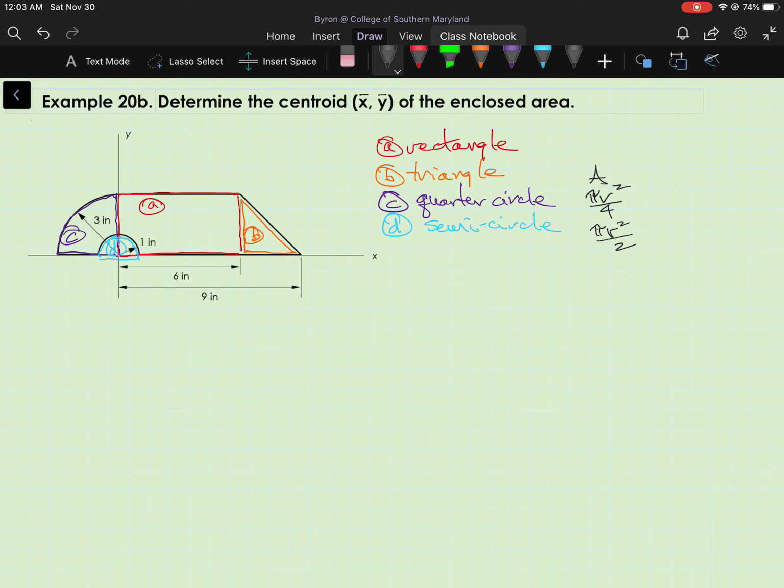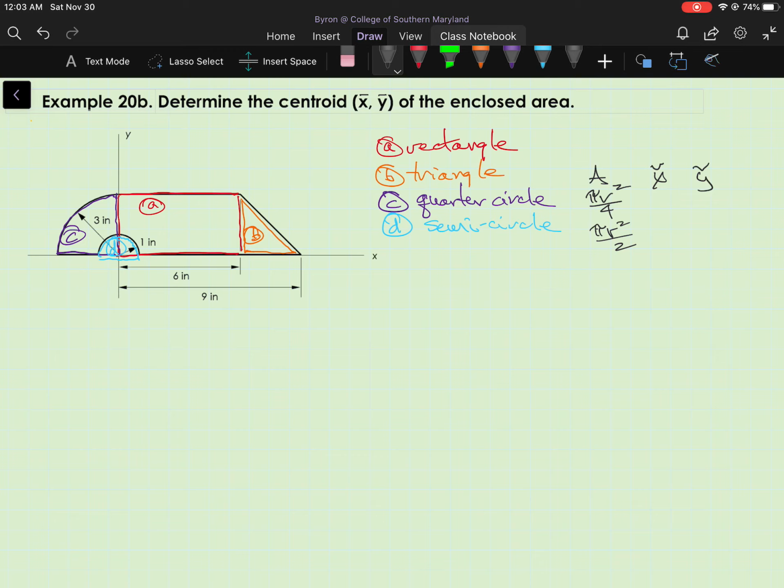And then we need to know their centroids, and we'll call those, to be consistent, x tilde and y tilde.